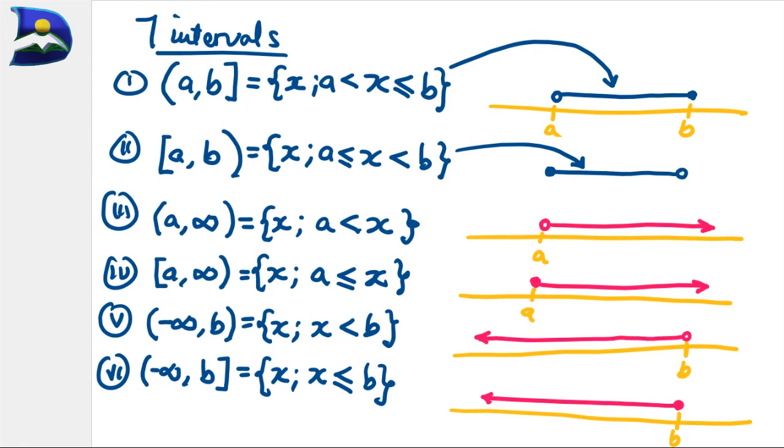And finally, here is our case number 7 to round off our particular video. Case number 7 shows, what if you have a curved bracket with a negative infinity and you have a positive infinity with a curved bracket? What does this tell you?